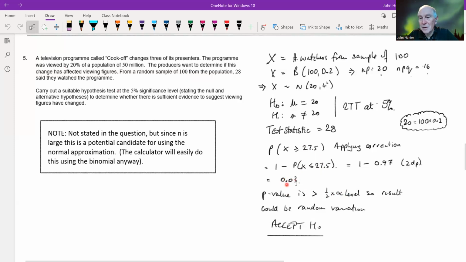It's not far away, but it's still in the middle piece of the curve. So we conclude that it could be down to random variation, and therefore we accept H naught, which is that the viewing figures have remained at 20%, 0.2. Okay, so that is another example.